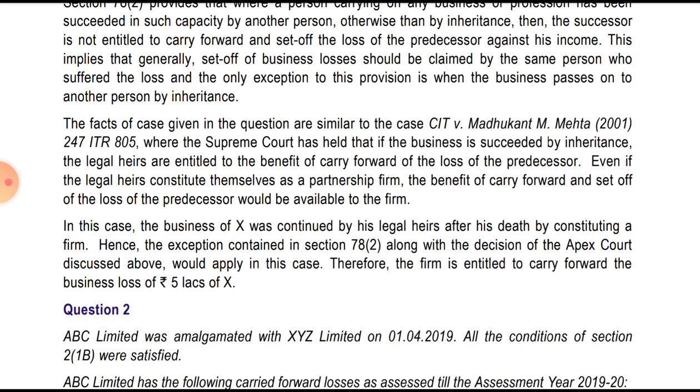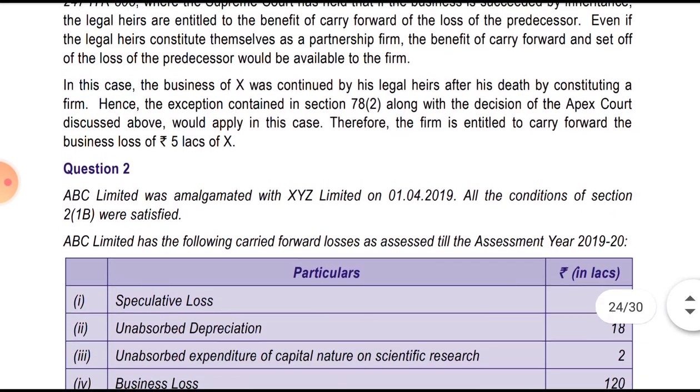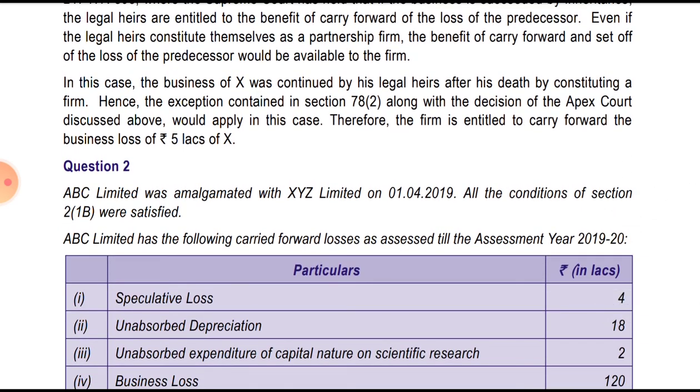So even if they have constituted a partnership firm, the change in the constitution from sole proprietor business to partnership, the benefit of the carry forward and set off of the losses of the predecessor would be available to the firm. In this case, the business of X was continued by his legal heirs after his death by constituting a firm.